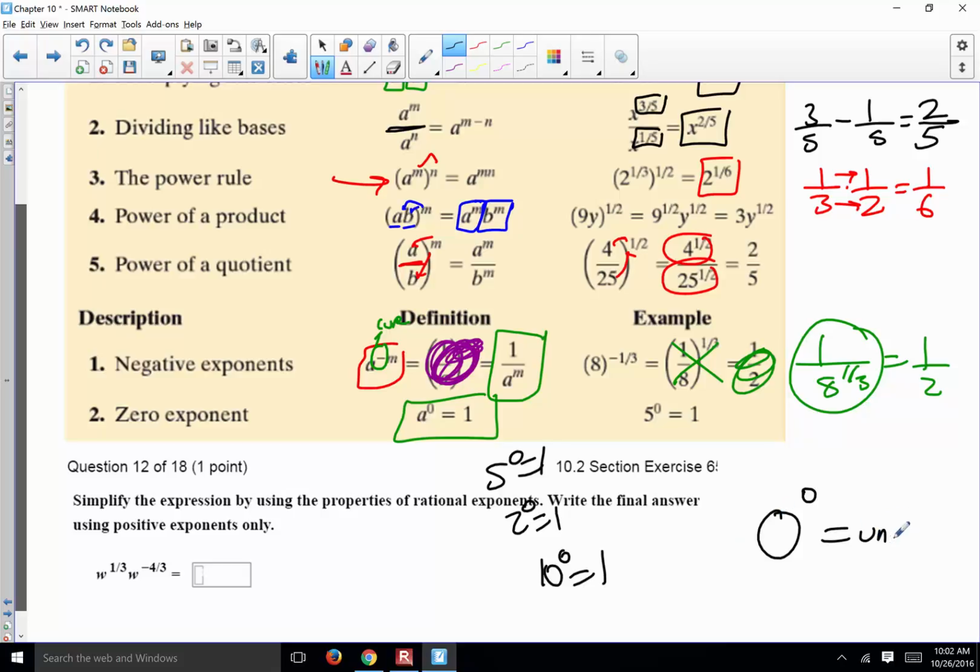Yeah. Nobody knows what this thing is. It's undefined. So this is a mathematical dark area. We don't know 0 to the 0th. But anything else is fine. Minus 5 to the 0 is 1. 100 to the 0 is 1, etc.